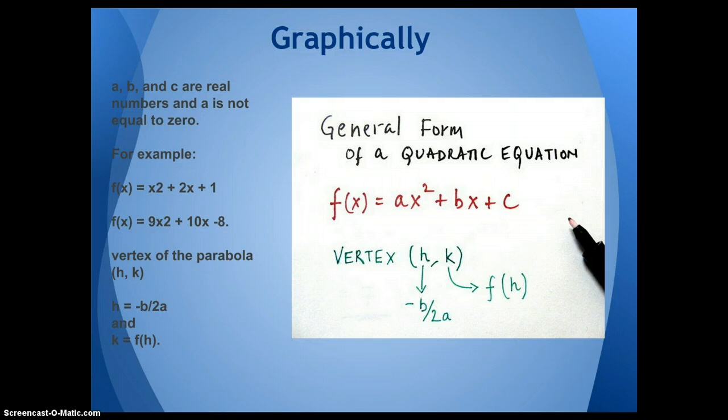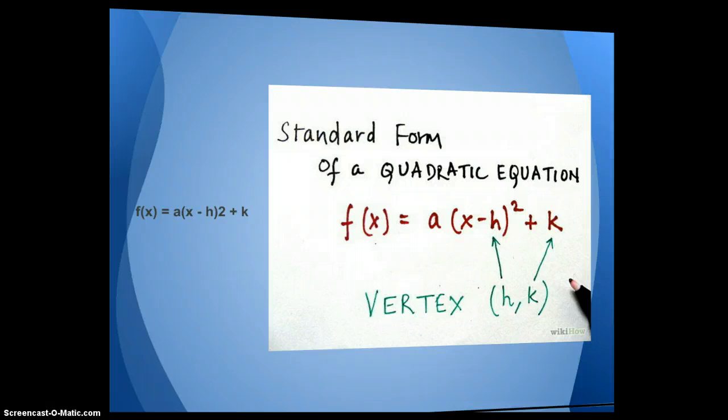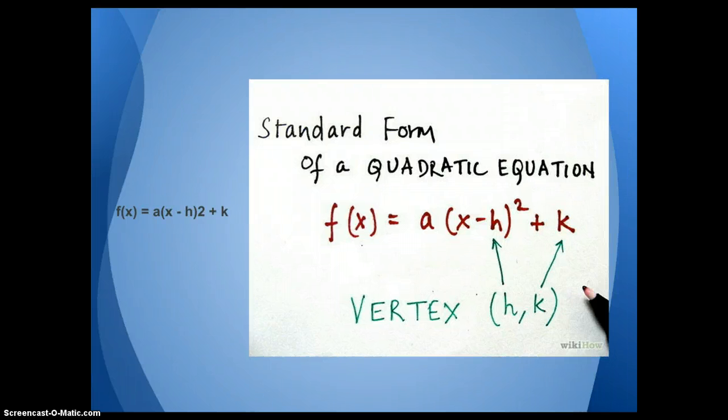To graph, we need the vertex of the parabola, say (h, k), which is given by h equals negative b over 2a, and k equals f(h). In standard form, the quadratic equation becomes f(x) equals a(x minus h) squared plus k, where (h, k) directly gives you the vertex of your graphed parabola.